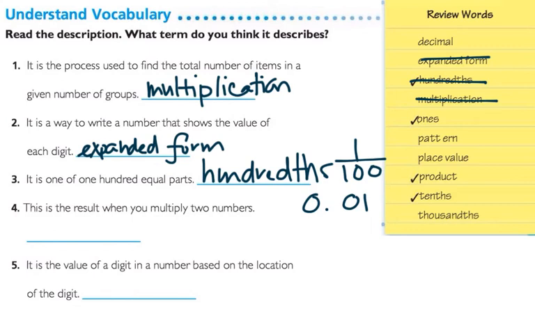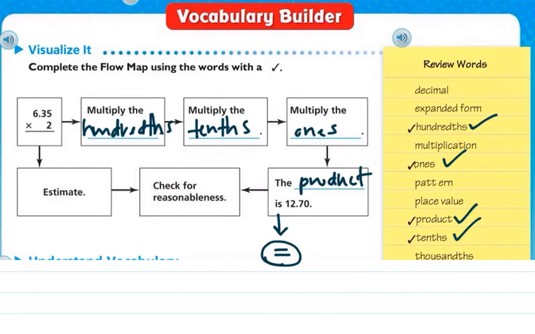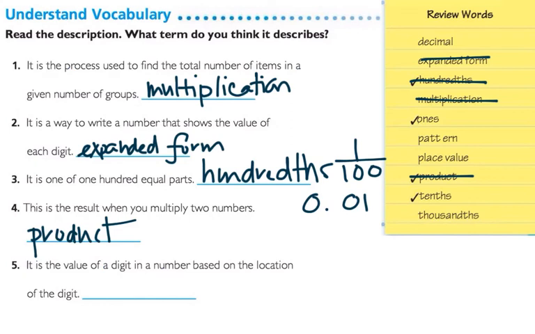When you multiply two numbers, boys and girls, you get the product. And lastly, it is the value of a digit in a number based on the location of the digit. This loops back to what we started with at the beginning of our 5th grade math, which is place value.